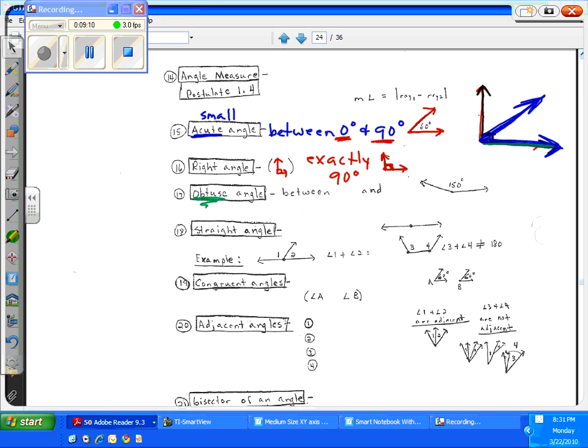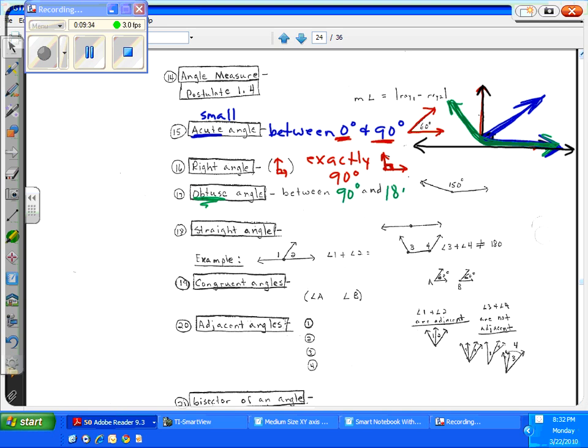Obtuse comes from the word obese, meaning large. And so an obtuse angle would be more than straight over, straight up, or more than 90 degrees. But it's limited to being less than a semicircle, less than a straight angle.